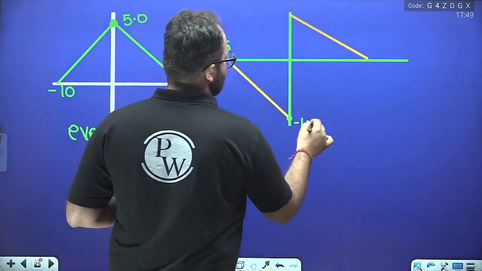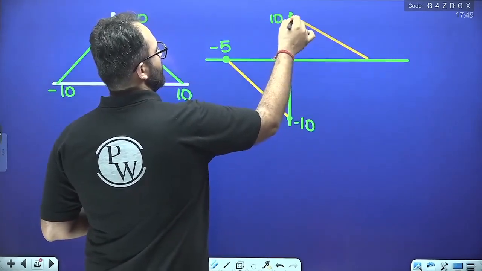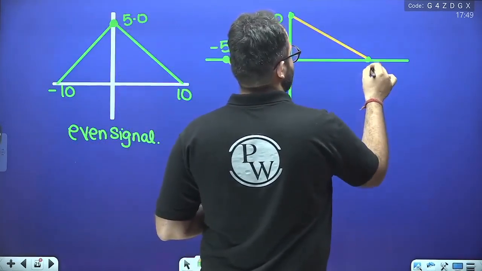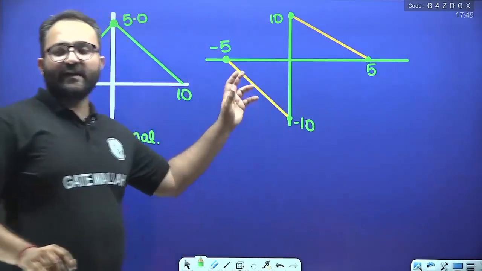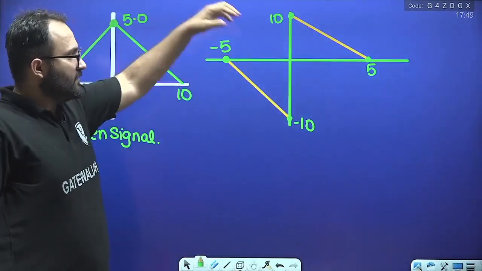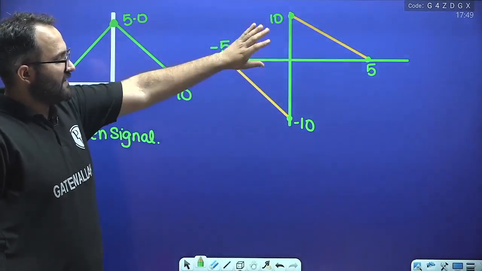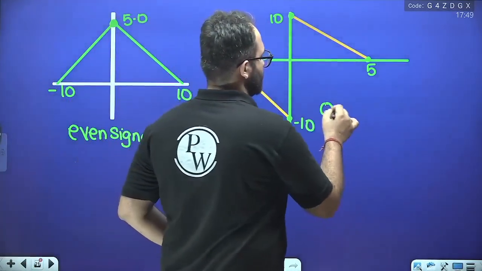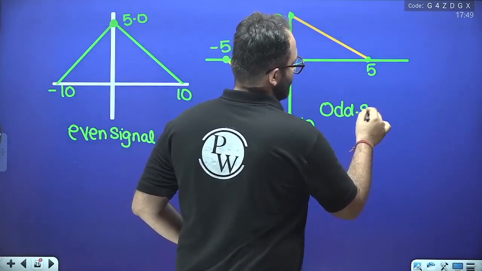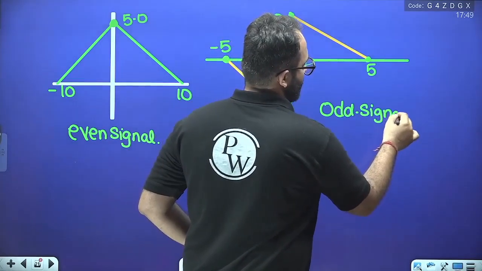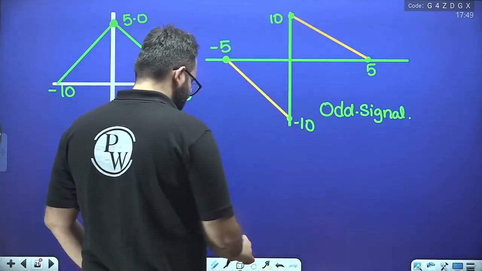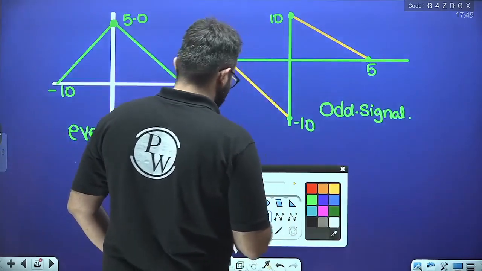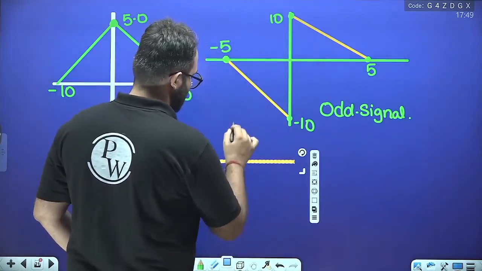Let us say this is 10 and this is 5. Now we can see that this is anti-symmetric, they are opposite to each other. So this is an odd signal. One more thing about odd signals, one more figure for more clarity.